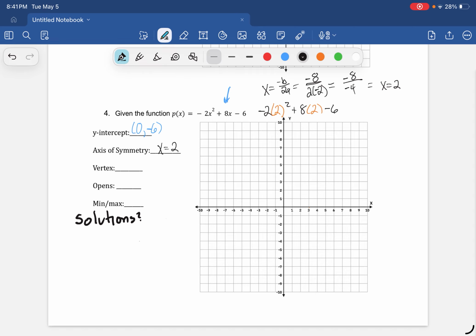So that'd be 4, -8, +8, 2. So my vertex is going to happen at (2, 2).